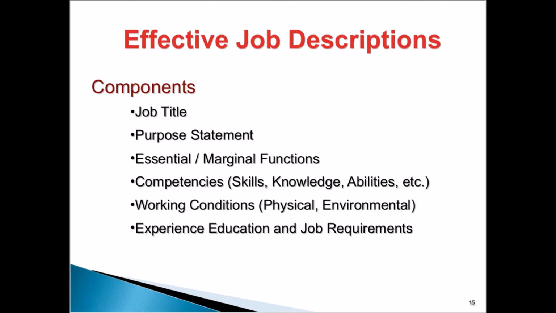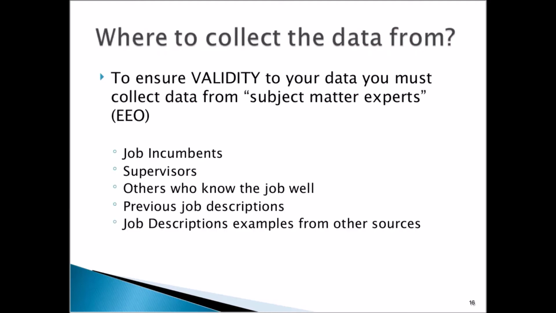So let's go and talk about, well, we're ready. Now we're going to do a job description. So where do we collect this data from? Well, it takes us into some of the rules for EEOC and a whole other webinar we can do with you about valid data.